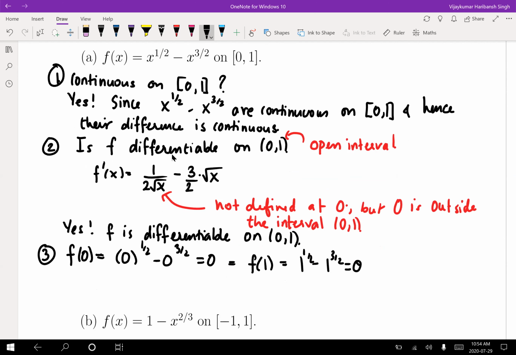So therefore, all three conditions of Rolle's theorem hold.